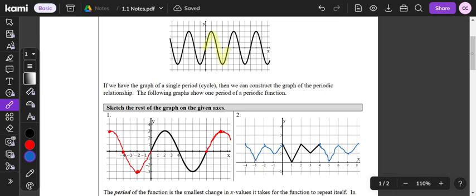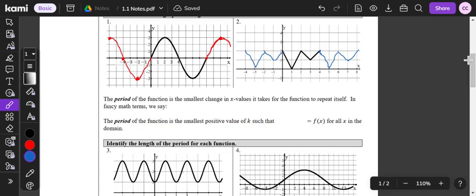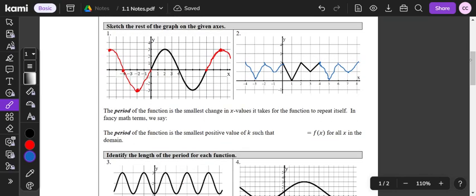Okay, cool. Now let's define what a period or a cycle actually is. It says the period of a function is the smallest change in x values it takes for the function to repeat itself. So again, if you have that highlighter out, let's go ahead and highlight that definition right here.